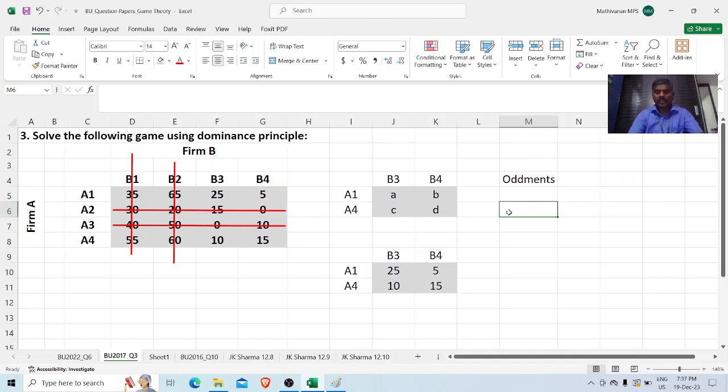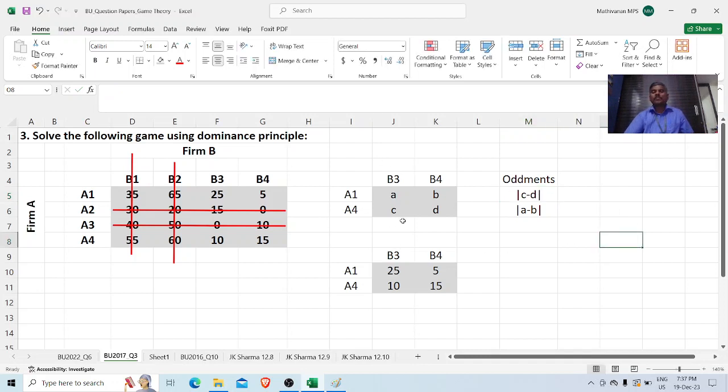So how to write that? Modulus of A minus B. The second row is C minus D. The elements are C and D. We will take the modulus of C minus D and write across the first row.